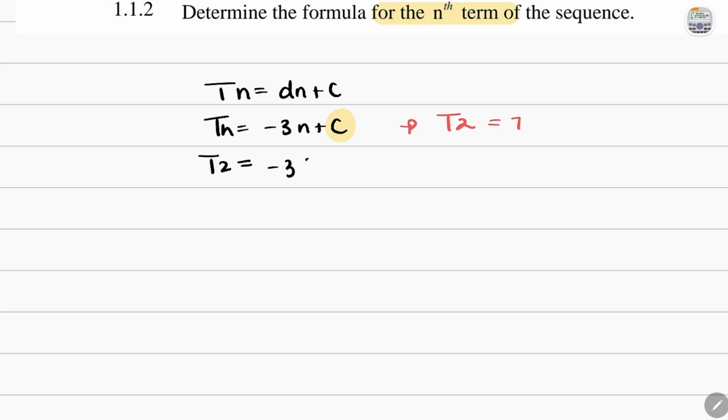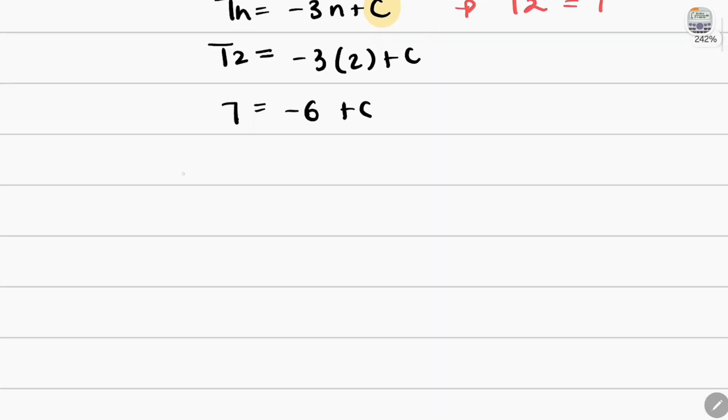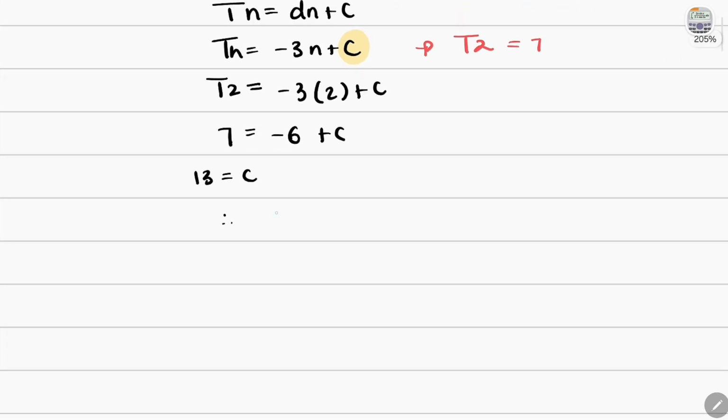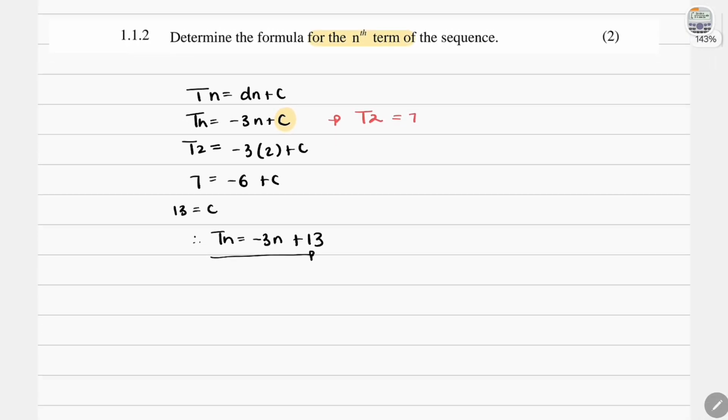So we have negative 3 times 2 plus c. But we know the value of term 2 is 7. So 7 equals negative 6 plus c. Transpose the 6: 7 plus 6, which is 13, is equal to c. So finally, Tn equals negative 3n plus 13, and that is the general term, the nth term.